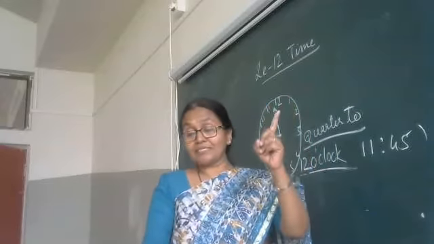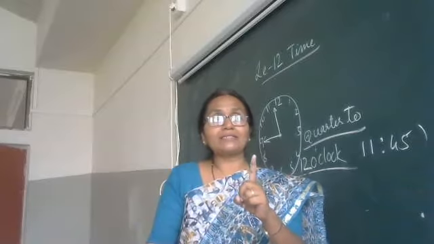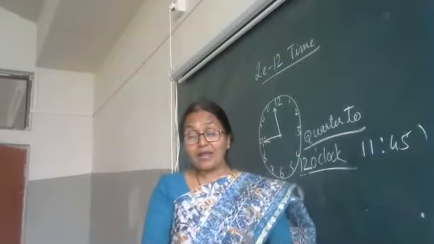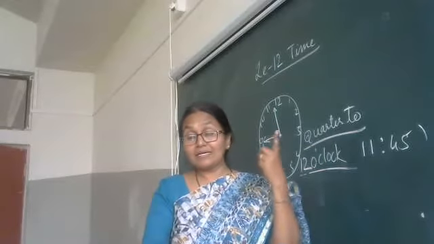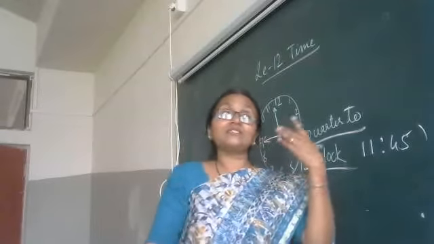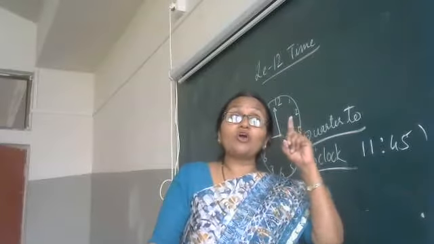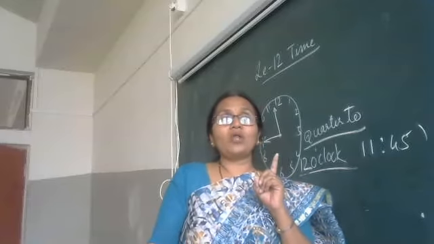To make 1 day, the hour hand takes 2 rounds of the clock. When it is 12 o'clock at night, we call it midnight. What do we call it?